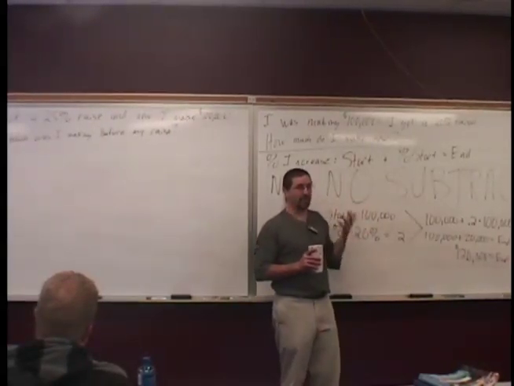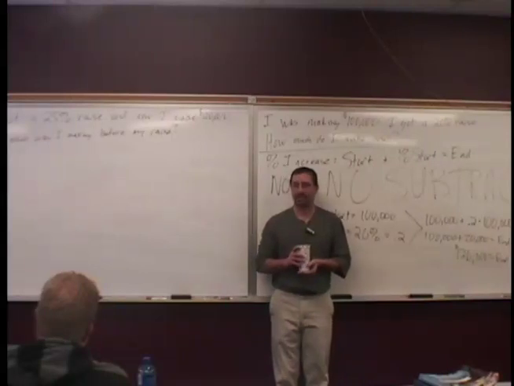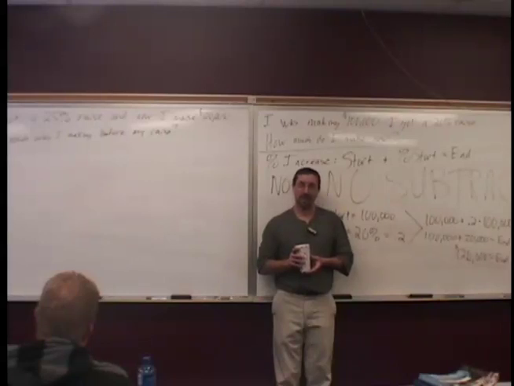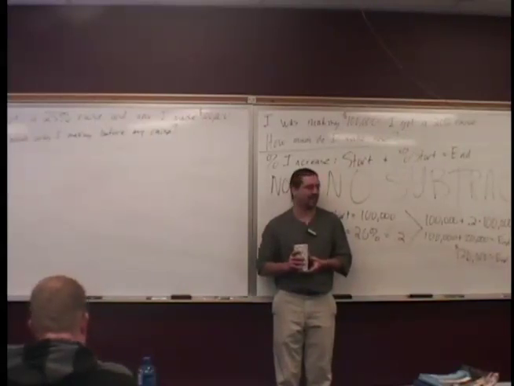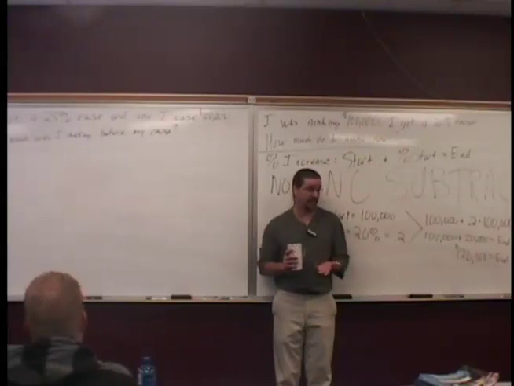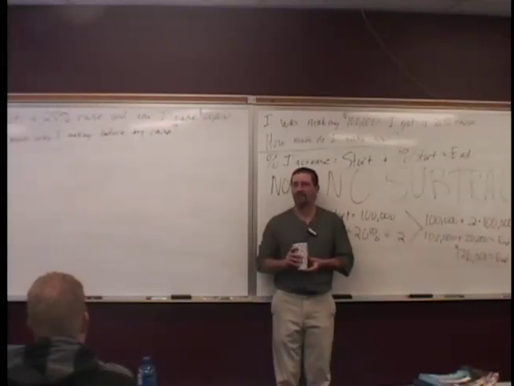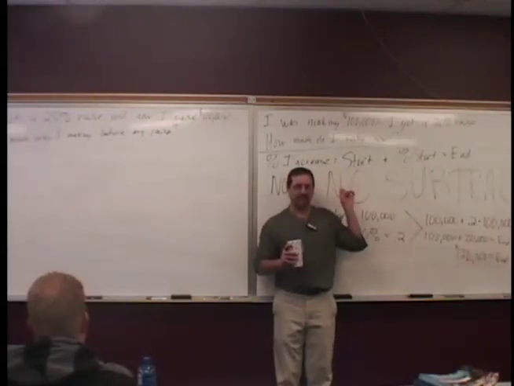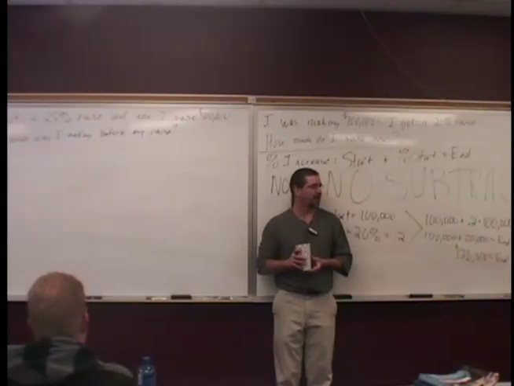Because 25%, what's 25% of 75,000? What's a quarter of 75,000? Is it 25,000? Not even close. That answer is wrong, okay? But it's really, really hard for us not to think that $75,000 is the right answer, because we've been doing it for a long time, and I swear to God that there are some grade school teachers out there that teach you doing a percentage increase backwards is subtraction.